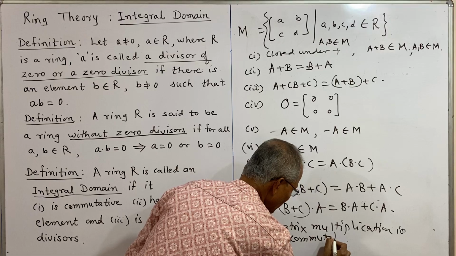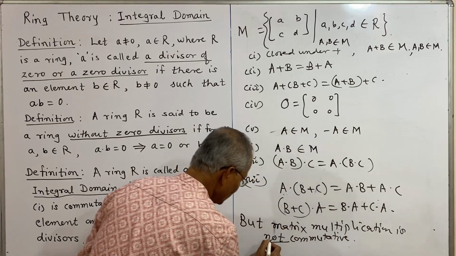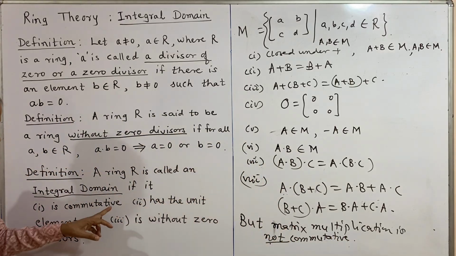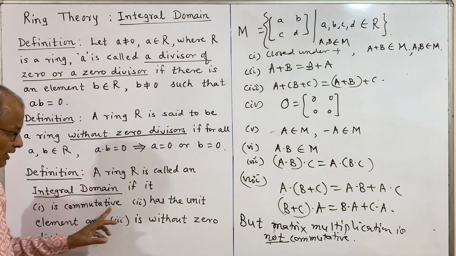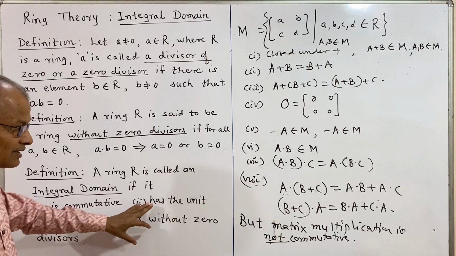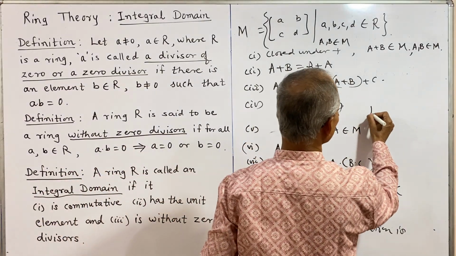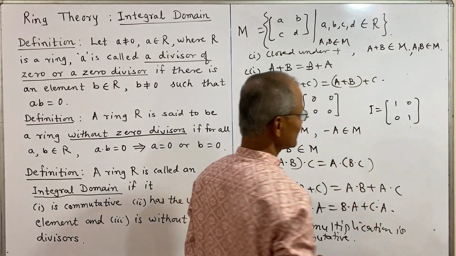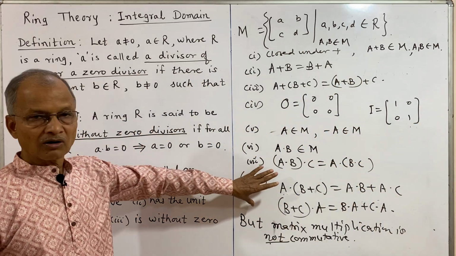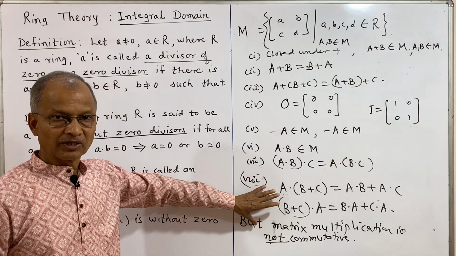So this is also a reason why it does not form an integral domain. The first condition fails. But what about the unit element? It has a unit element. What is the unit element here? It is the matrix 1 0 0 1. This is a ring with unity but not commutative.